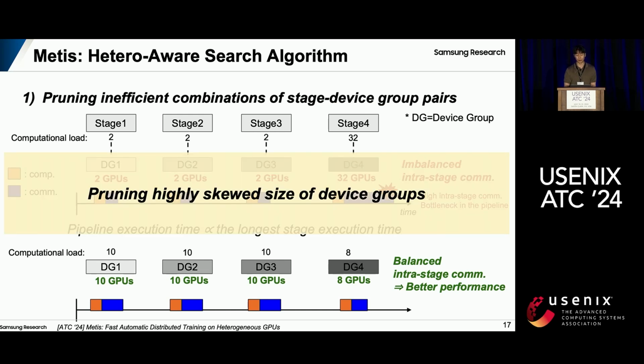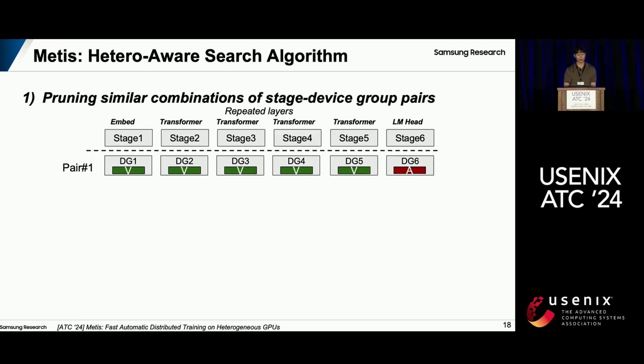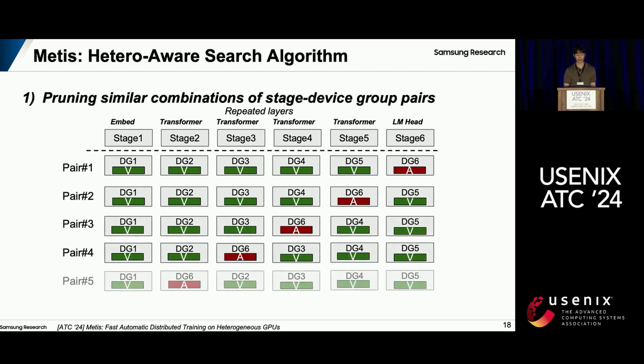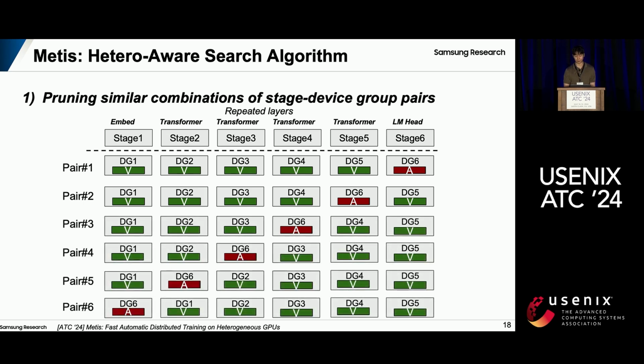Therefore, Metis prunes highly skewed sizes of device groups to filter out inefficient stage and device group pairs. Furthermore, Metis filters out stage and device group pairs that lead to similar performance. For instance, when assigning 6 device groups to 6 stages, where 5 device groups are the same and only 1 is different, as shown in this figure, the possible number of combinations of stage and device group pairs is 6.